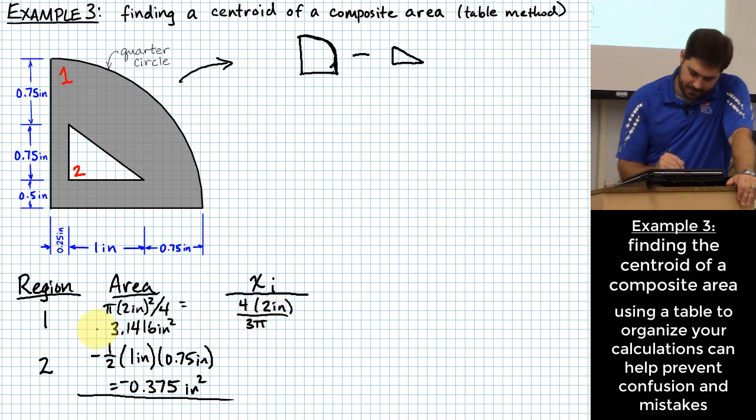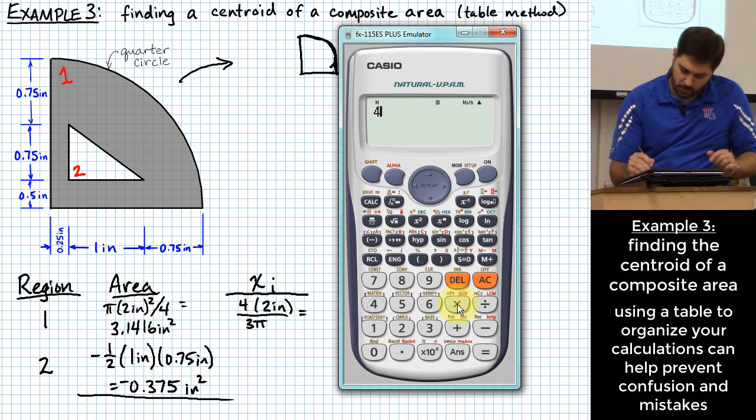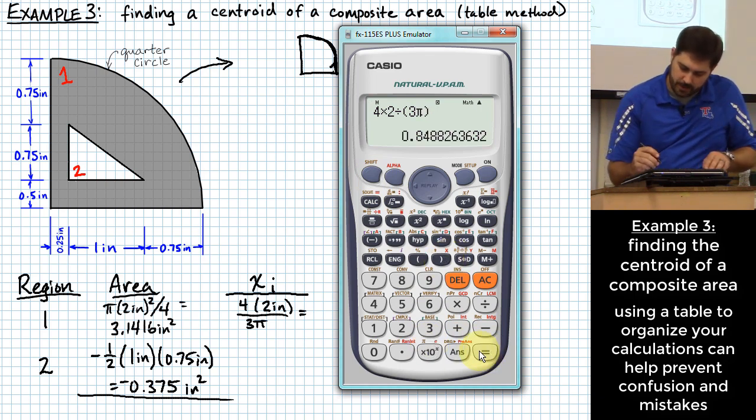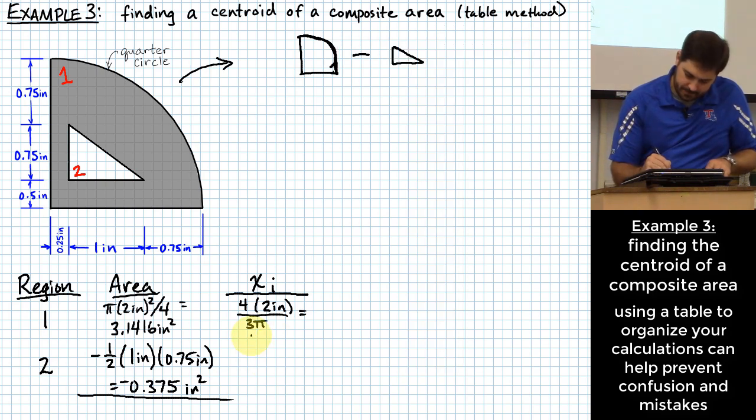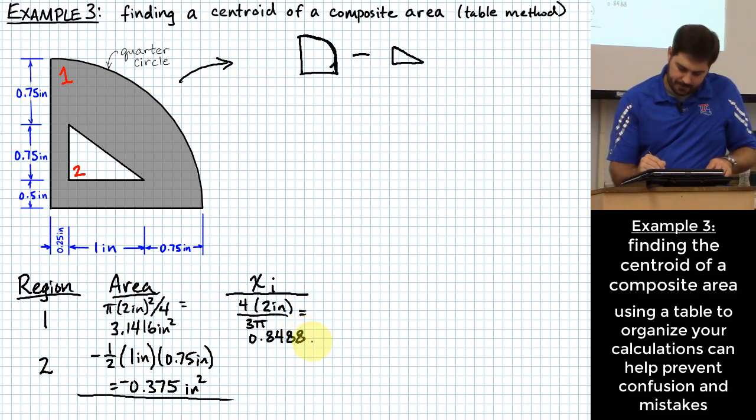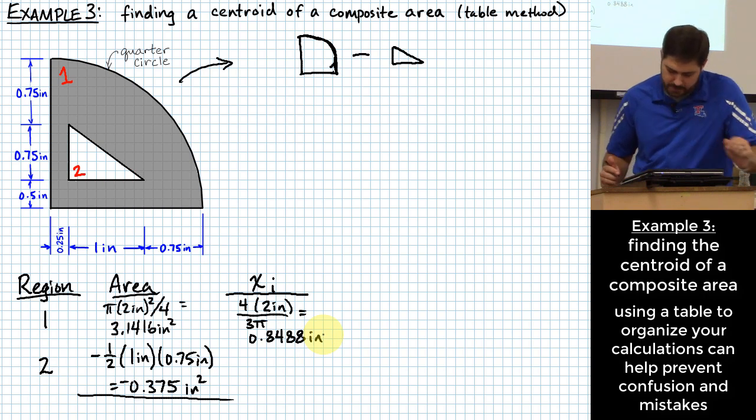Right? So this would be what? 4 times 2 over 3 pi. 0.8488 units, inches. Excuse me.